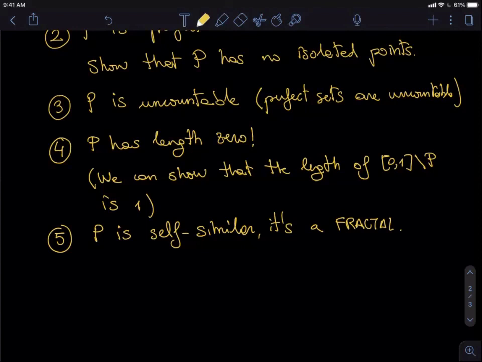It would be 1 if we thought about it as a solid segment, right? The line has dimension 1. We could think the dimension should be 0 if we just look at the points, because it's a bunch of points. The thing is, it's a bunch of points with a very particular structure that makes it gain some solidity in some way. It's like a foam, if you want. And it has a dimension that is not an integer number.